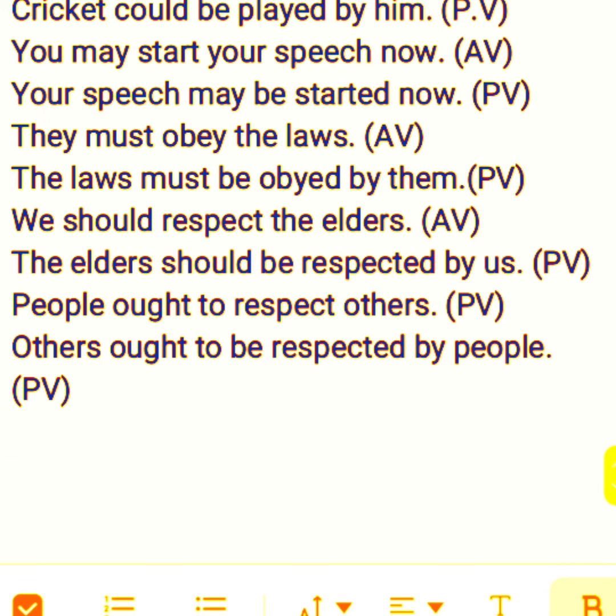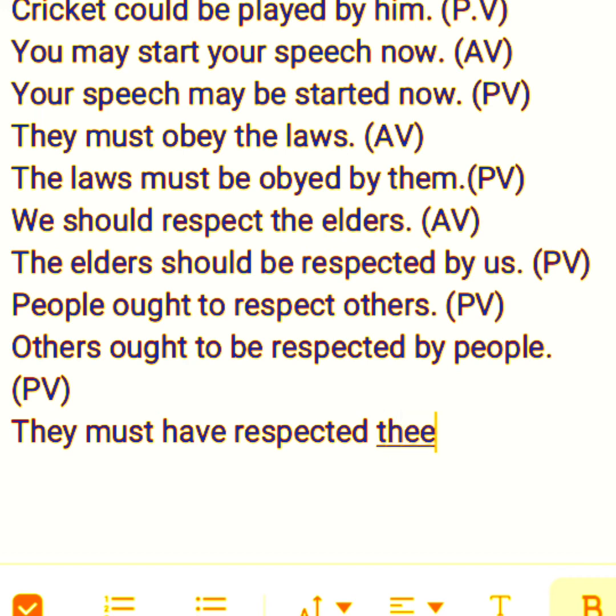For example, suppose they must have respected the elders. They must have respected the elders.